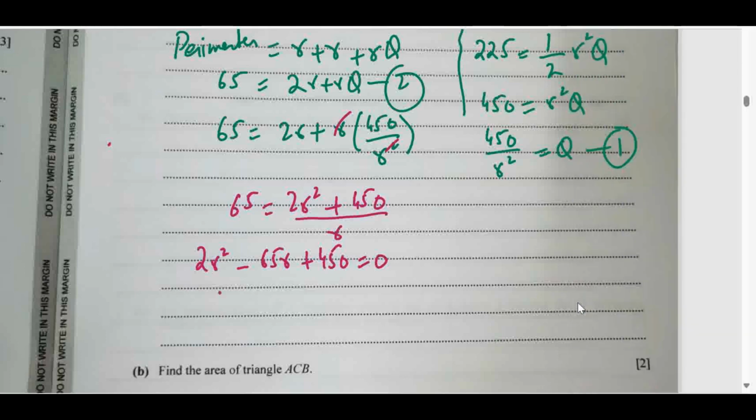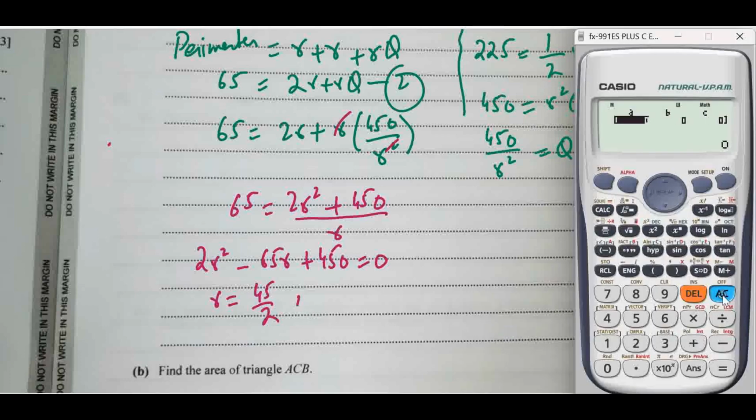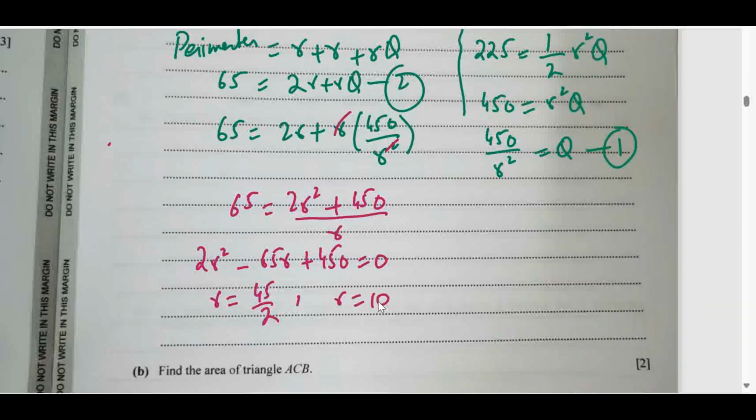So r is equals to 45 by 2. And let's see the other answer. This one was 2 and negative 65 and 450, and r is equals to 10.